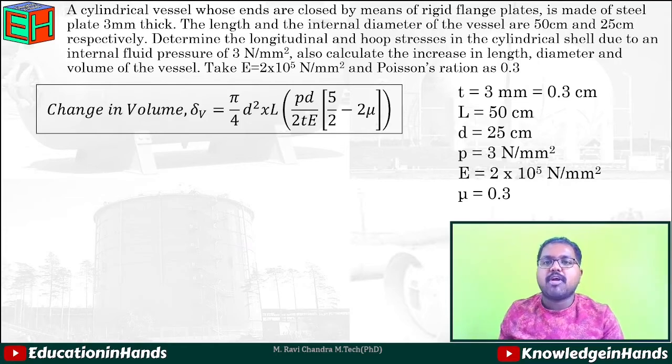The next one is change in volume. Here change in volume is given like pi by 4 D square into L into PD by 2TE into 5 by 2 minus 2 mu.